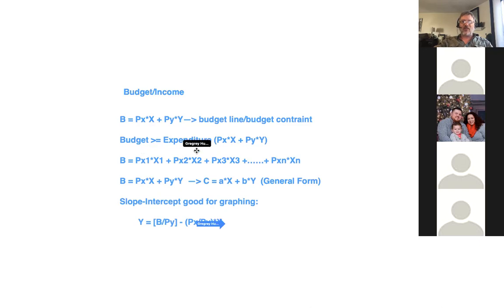So the standard way that people write this, and this is a little bit irritating to me because things get blocked on my screen when I'm trying to write. But let me go back to here. The way that you've seen this written is y is equal to m times x plus b.